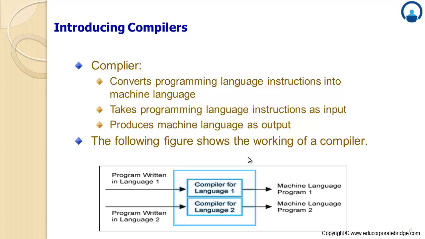So for different programming languages, we have different compilers. You can see here in the diagram, program written in language 1, compiler for language 1, converted into machine language. So there are two compilers. If the languages in which the programs are written are different, you will require a separate compiler for each.